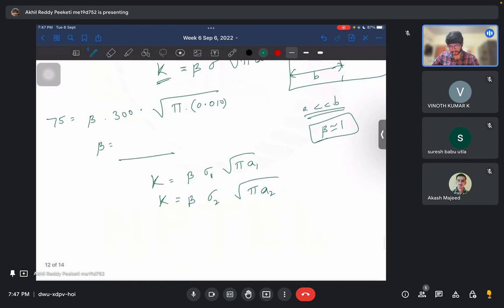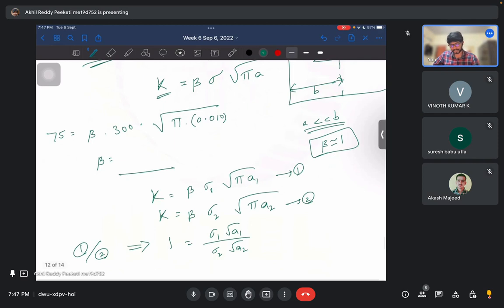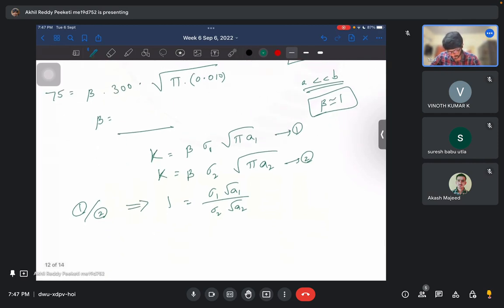If you take the ratios of these, 1 is equal to sigma 1 root A1 by sigma 2 root A2. A is half of the crack length. So we want sigma 2 is equal to sigma 1 root over A1 by A2.